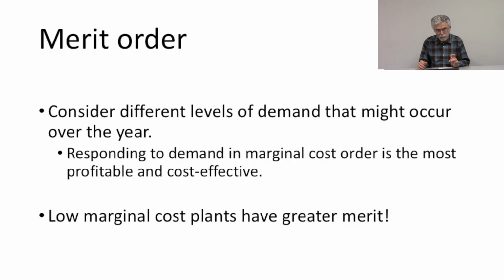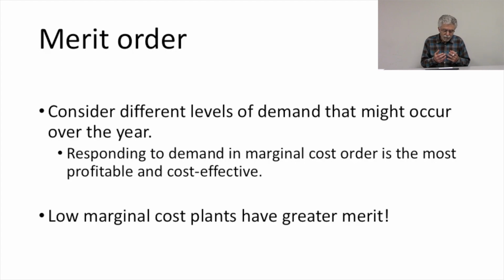And in fact, allocating plants according to marginal cost is such an important idea in management of generation assets that we have a name for it. We call it merit order. So allocating units in terms of marginal cost is allocating them in terms of merit order.